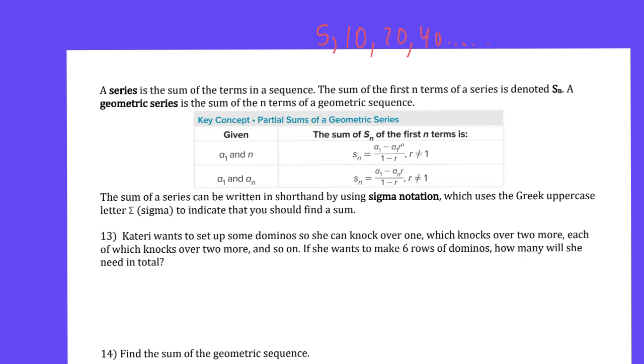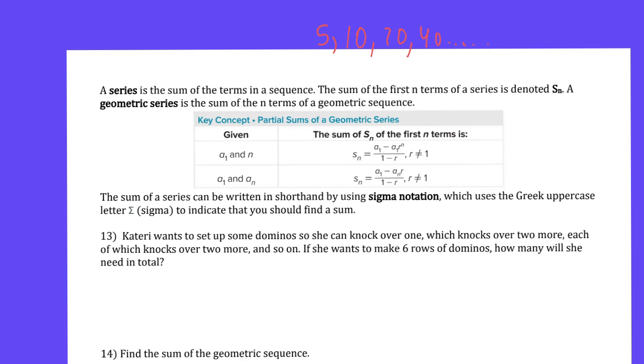If you just add them up, 5 plus 10 plus 20 plus 40 plus 80 plus 160 plus 320, you could list them out and find the sum of all those numbers. That would be okay if I just said find the sum of the first 5 or 10 maybe, but if I said find the sum of the first 80 terms of that sequence, you'd be like, maybe I don't want to, okay? So they call it a series, but basically we're going to add up the terms.